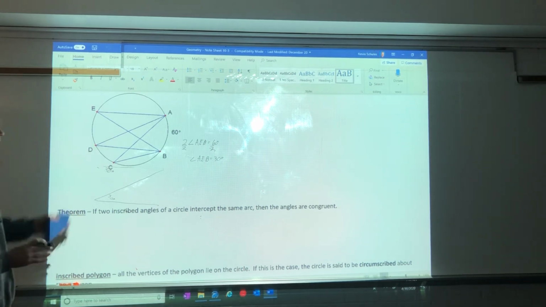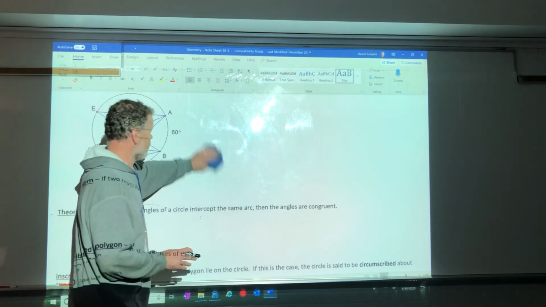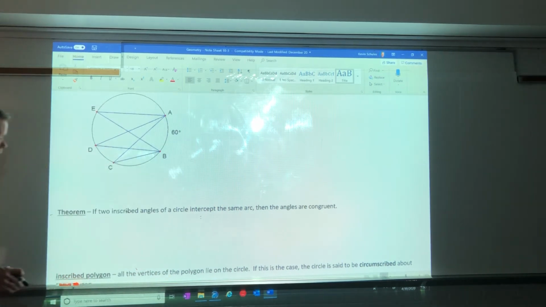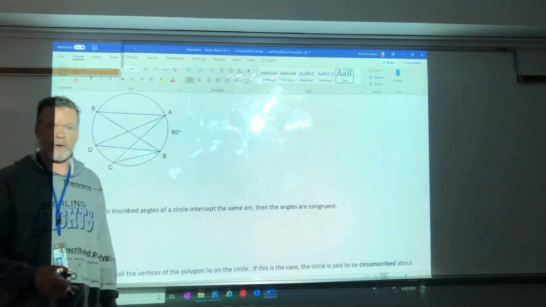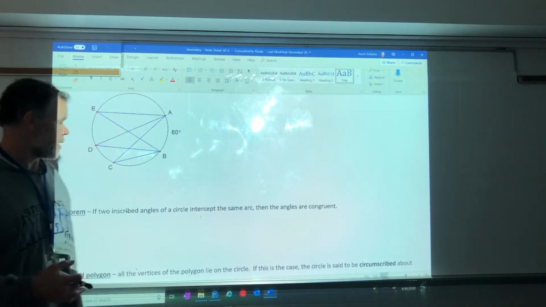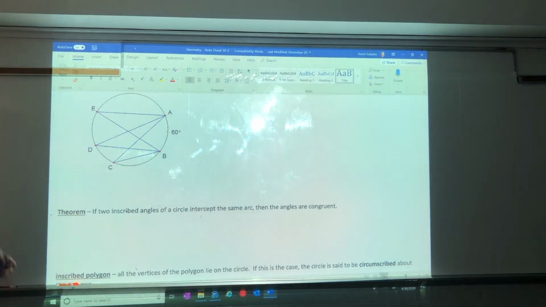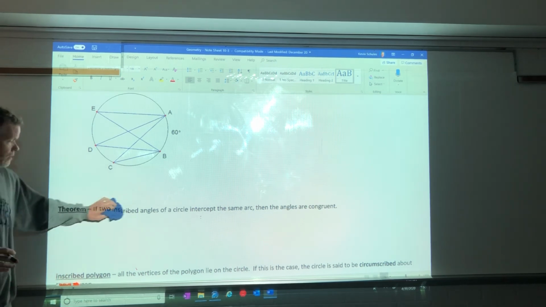You see, we have 3 angles here that intercepted the same arc. Okay, if you have 4 angles, anything more than 2, they all intercept the same arc. They're all going to be congruent. Okay, and they're going to be half the measure of the arc. Because that's basically the inverse of saying 2 times an angle equals an arc, or half of the arc equals the inscribed angle. Okay.